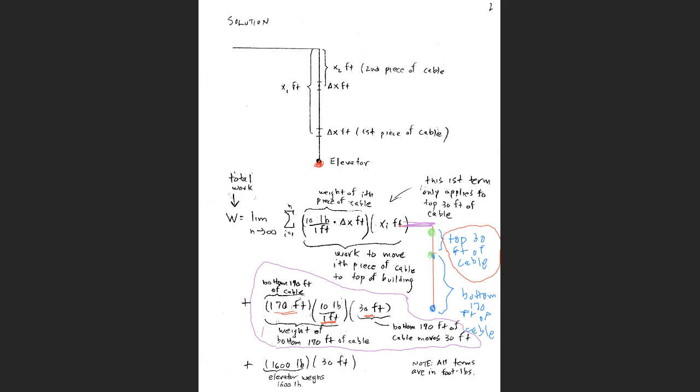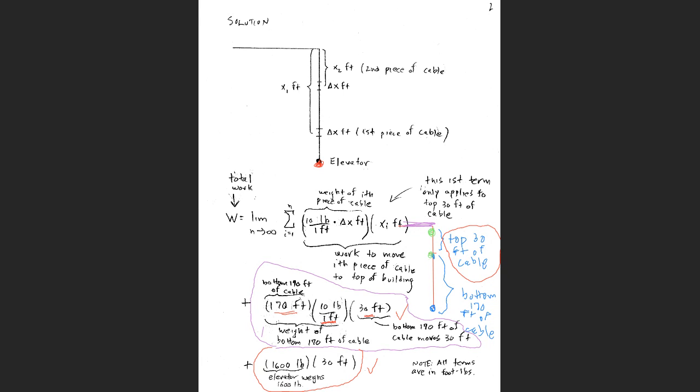Okay, so far, there are 3 components to computing the work. We have 2 of them. And now what we have to worry about is the top 30 feet of cable. So the thing you have to recognize is that for the top 30 feet of cable, we're going to need a Riemann sum to find the work. So why is this?